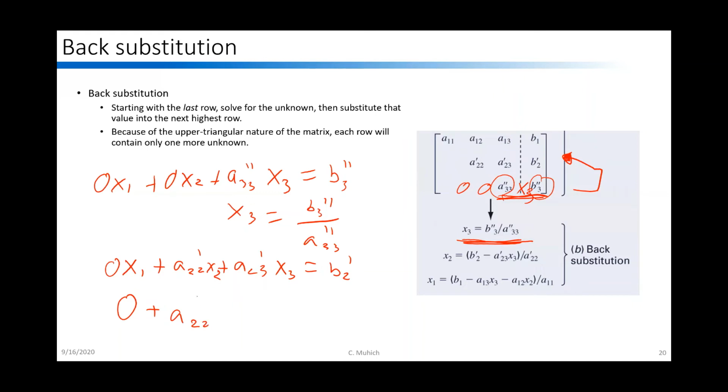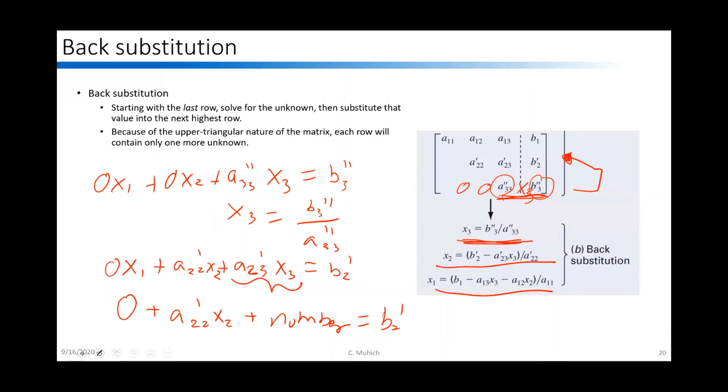We're interested in solving for what x2 is, and a23 prime x3 is just a number, right? Because we've already solved for what x3 is, so it's not a variable anymore. So we have a number and only one variable, we can rearrange and get x2, and then we can do the same thing for x1 using both x2 and x3 in that top line equation.